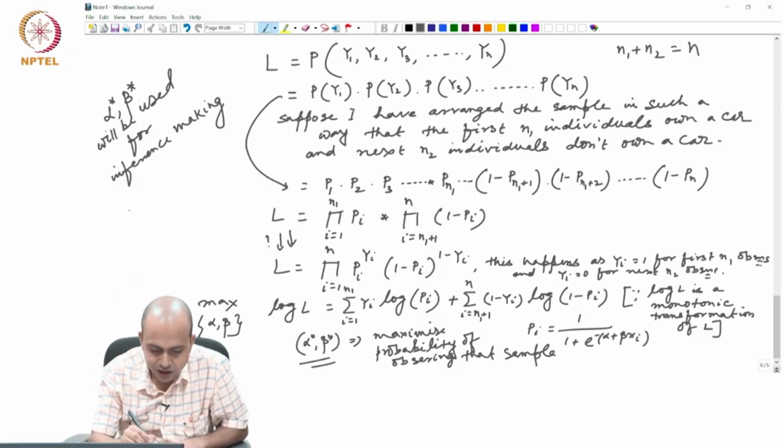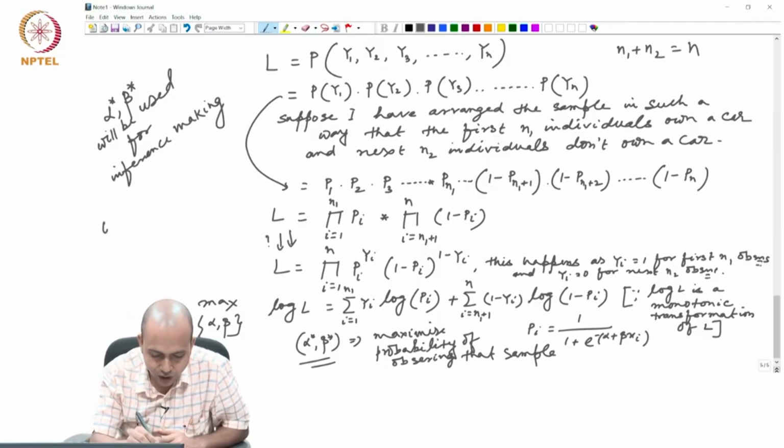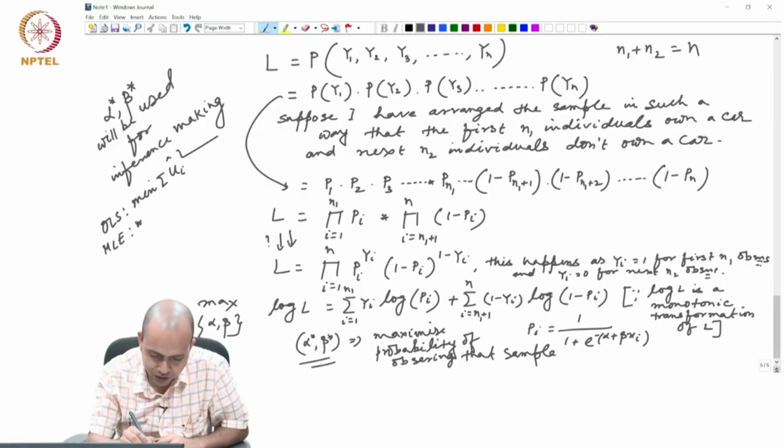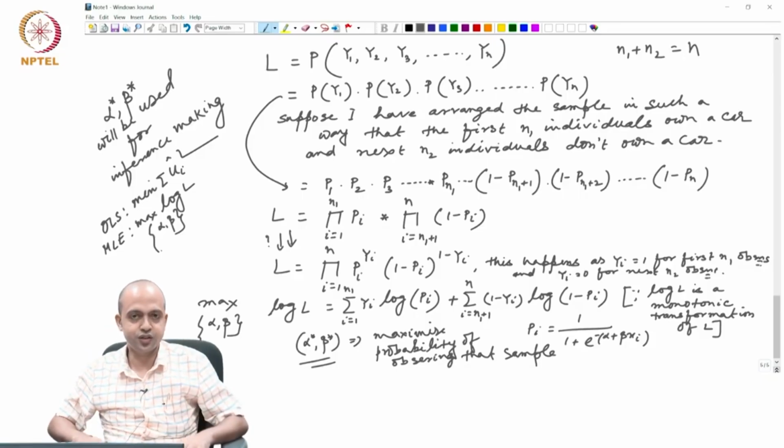So, in OLS I was minimizing the sum of ui hat square. In case of OLS, you are minimizing summation u hat square, but in MLE what you are doing is maximizing log of L with respect to alpha and beta. That is the difference between this and this.